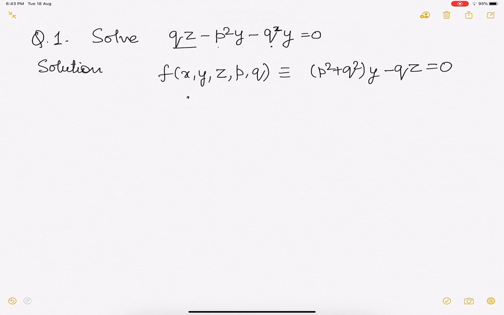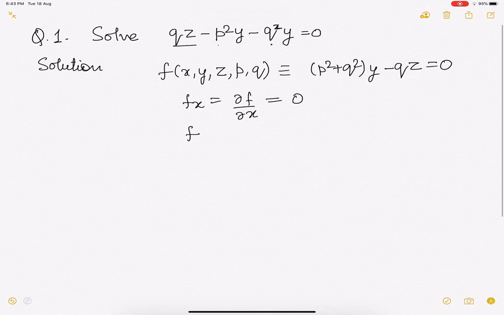So our partial derivative fx, that is del f upon del x, there is no term of x here, so it is equal to 0. Now, what is the value of fy? It is del f upon del y, which is p square plus q square.